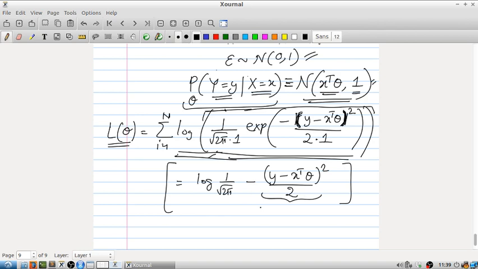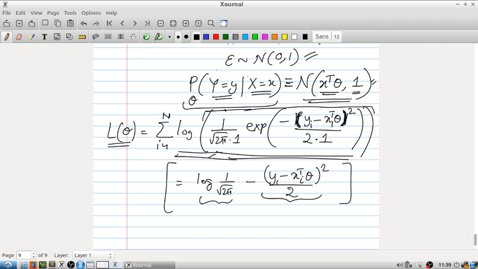And okay, what you may be wondering is, where is this i? Where did I miss the i? So it's actually supposed to be y_i and x_i. Okay, because we only have data. So this is y_i and x_i. And so if you look at this expression, this you can ignore because it's a constant.